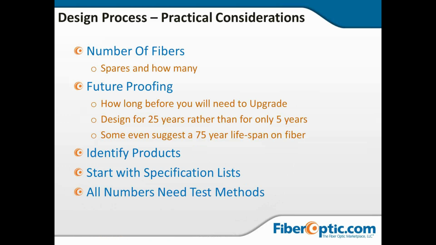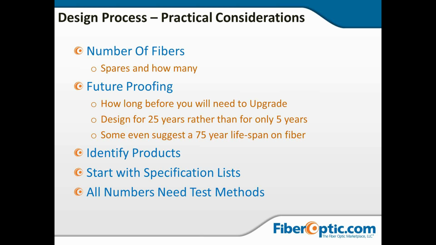Now, practical considerations. These are just some of the things you want to ask yourself at the beginning of your project. As you even begin to think, maybe I want to do this, start asking these questions. How many fibers am I going to run? However many fibers I think I need, I typically try to multiply it times 4.